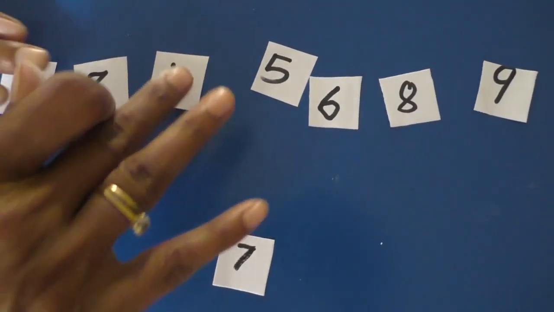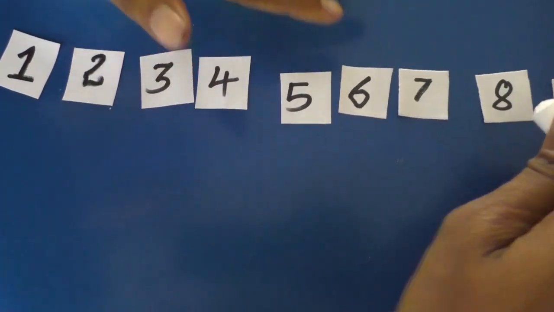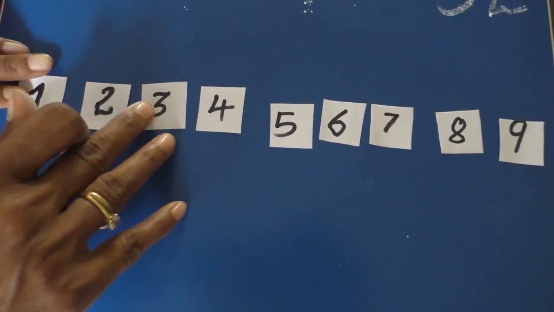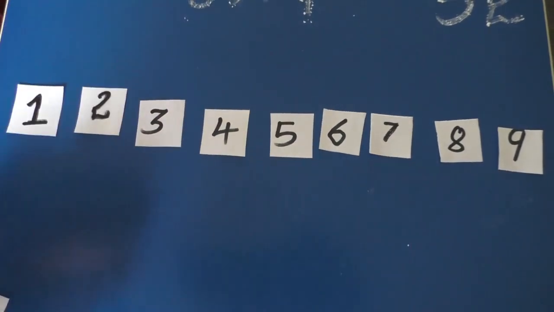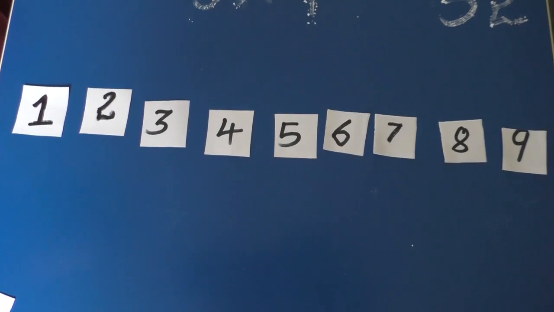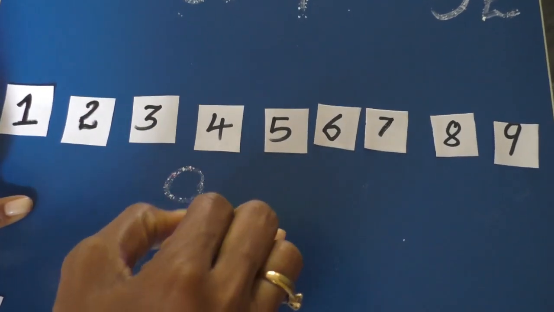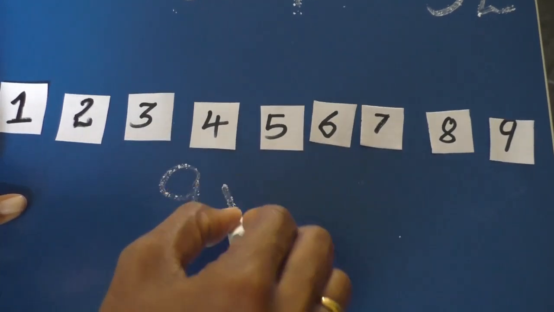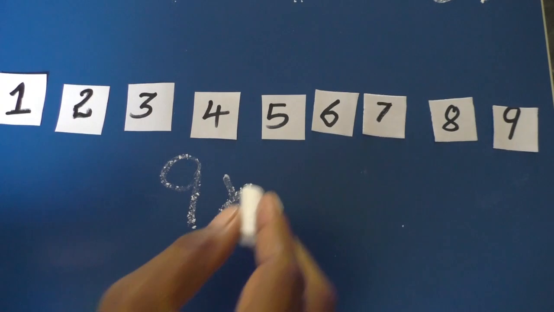Next, we have 9. 9 squares. That is 9 groups. So we'll write 9 into 4 sides.